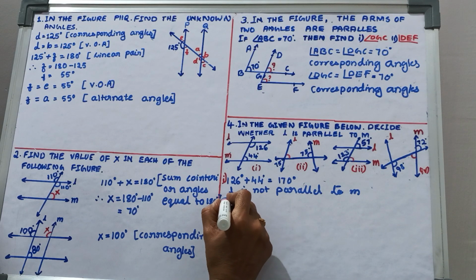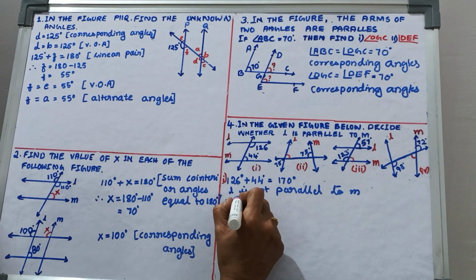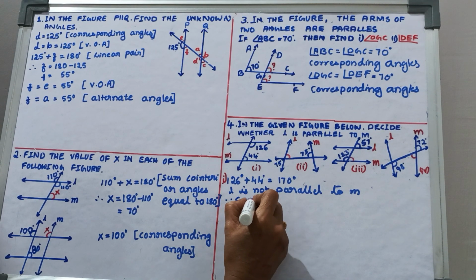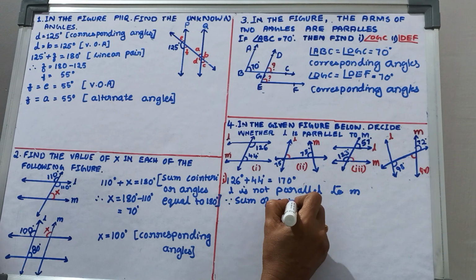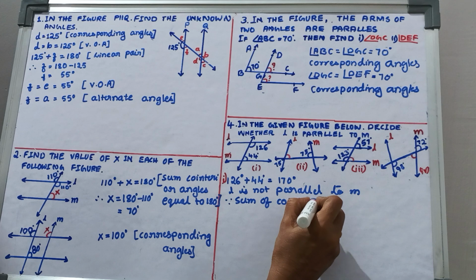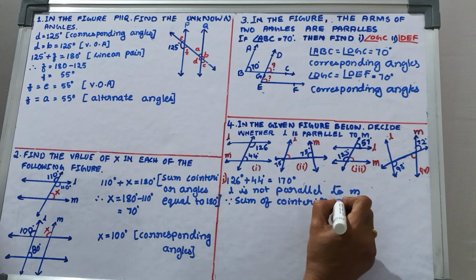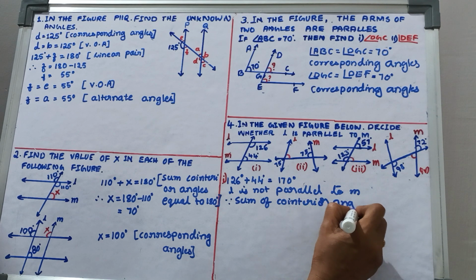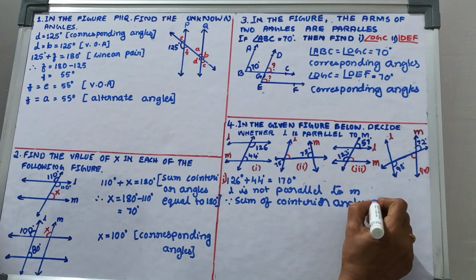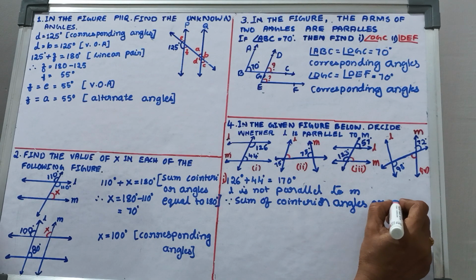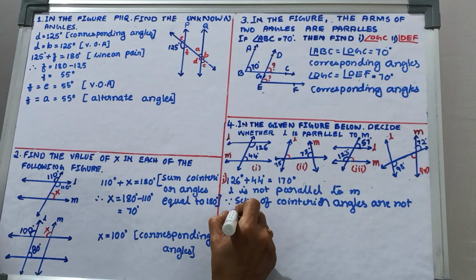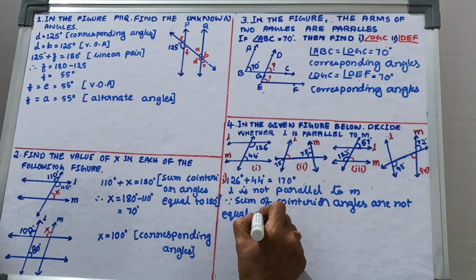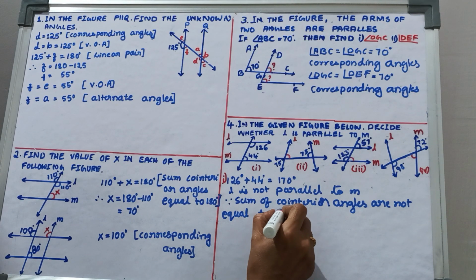Because sum of co-interior angles are not equal to 180 degree.